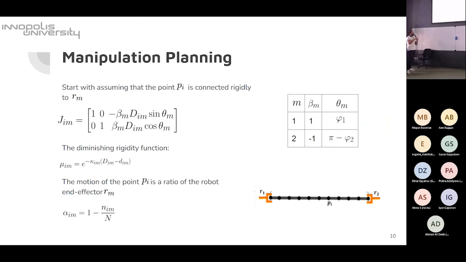Then, since the cable point is being moved by two robots, the motion of this point is a ratio of each robot. So we define these two functions, mu and alpha.